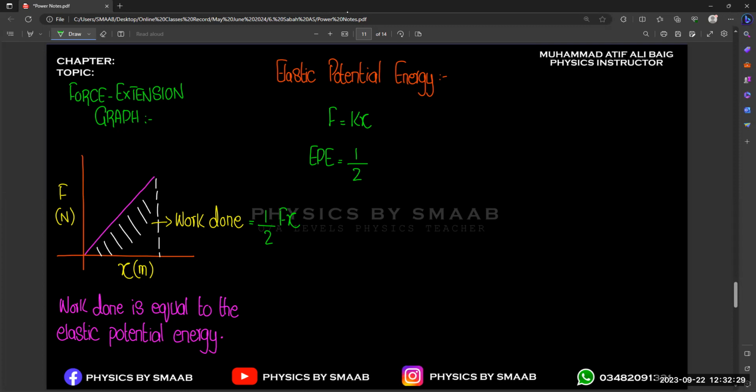So definitely your elastic potential energy will also be equal to half Fx. Basically, initially it is half Fx, and then if you just place the value F equals kx and multiply with the x, you will get the final answer, half kx squared, right?